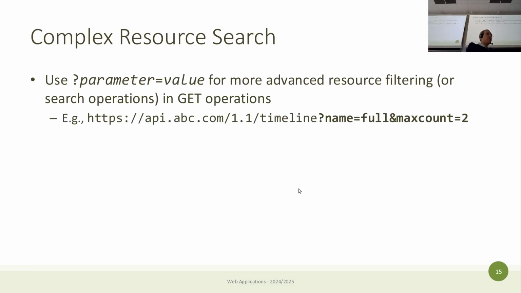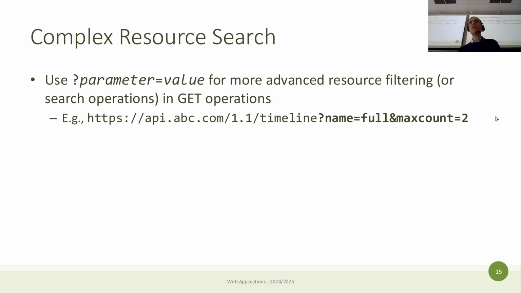Let's see an even more complex example. We saw the get before, and there's a list of elements in the collection we want to retrieve, but often we are not interested in the whole list. Think about a very large list. I want only something that contains a certain pattern, a certain name, so a search on the content of this list.